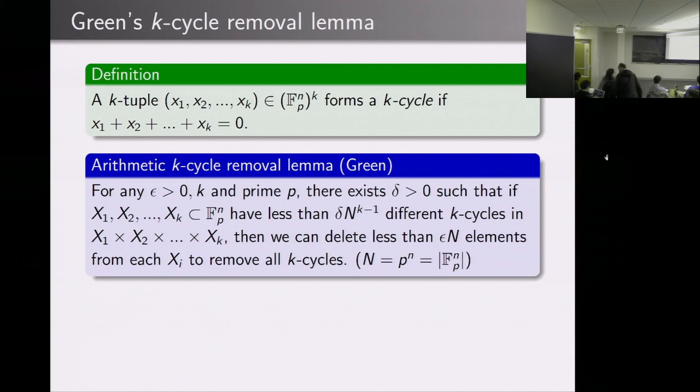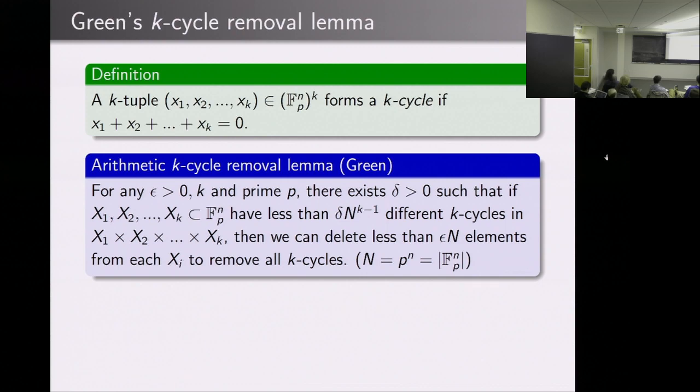So for any epsilon bigger than 0 and k, there exists a delta such that if you have k subsets in F_p^n, and you look at the k-cycles between the sets, in their cross product, you could theoretically have as many as N^(k-1).